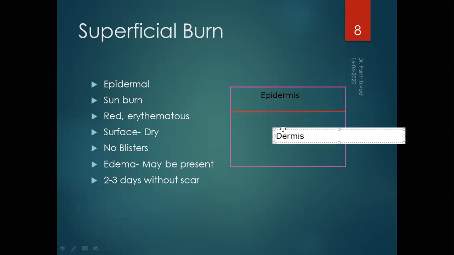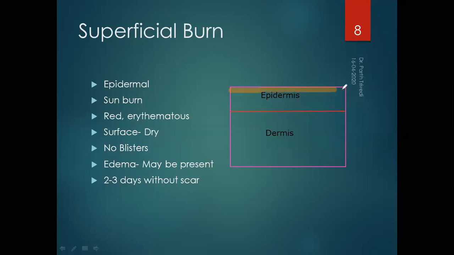So in these superficial burns, I'll denote it with yellow color. These are known as epidermal burns. Clear? So this is the region which is involved, epidermis. So you can see my orange color lines.